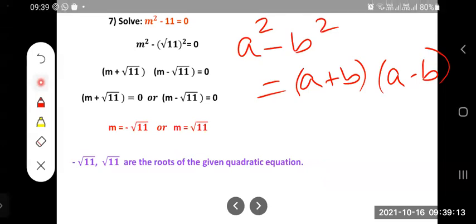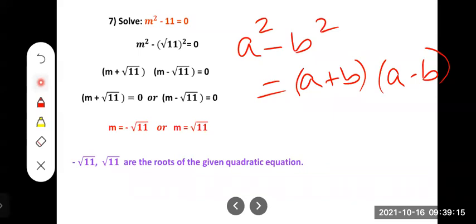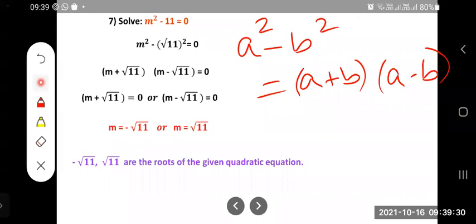Now time up. If you have any doubt, you can ask me, children. Any doubt if you have, please ask me. Students, Aditya. Aditya, what is your doubt? You can ask.